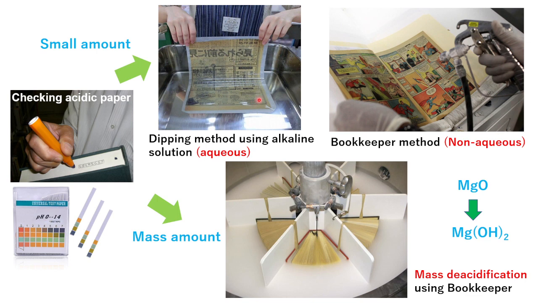Burrough chose calcium and magnesium compounds because they were also included in the old paper that was in good condition. After neutralizing the acidic paper, surplus alkaline substances remain in the paper.